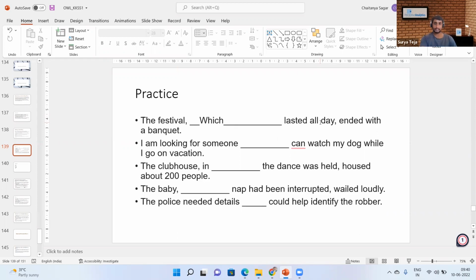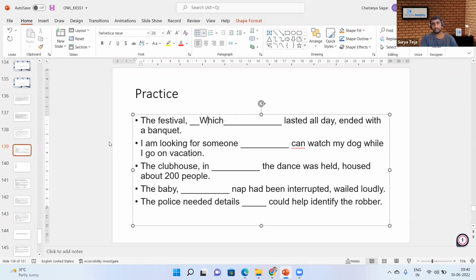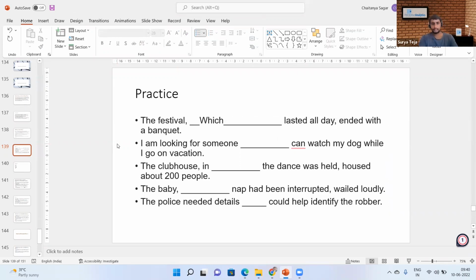Is it really necessary to say which lasted all day or which lasted 2 days? Because anyway, the person already knows which kind of festival it is. So which lasted all day is not an essential piece of information. It becomes non-essential information. So because it is non-essential information, we use the relative pronoun which, as Sinha has mentioned, and it is separated by commas. So which is the appropriate relative pronoun here in this case?